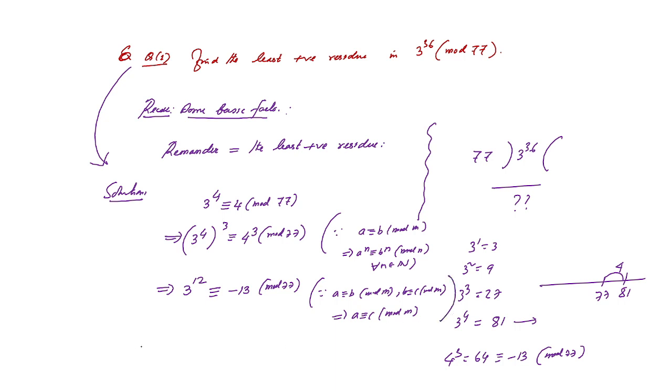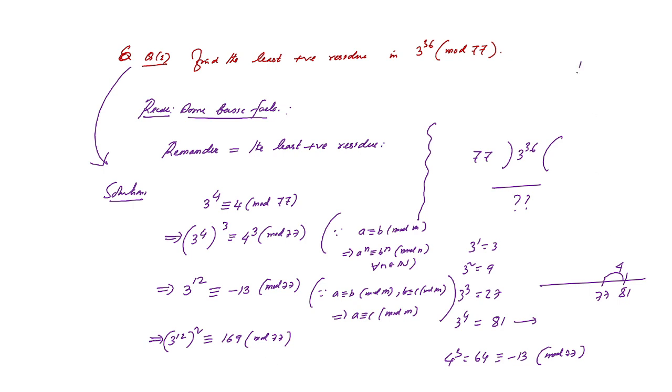Again we will increase the power. We will increase the power: 3 to the power 12, that whole squared, will be 169 if we increase the power, 169 mod 77. Again on both sides we have A to the power n congruent to B to the power n mod M, here n equals 2.